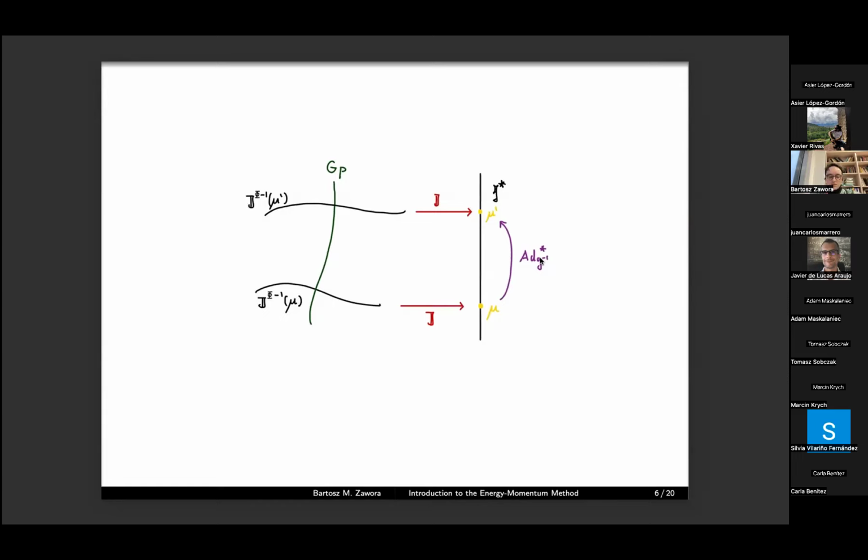It's quite technical, but the conclusion is that there is always a Lie group action on the dual Lie algebra that makes the symplectic momentum map equivariant. Then you can apply these results to the Marsden-Meyer-Weinstein reduction and to the energy-momentum method.